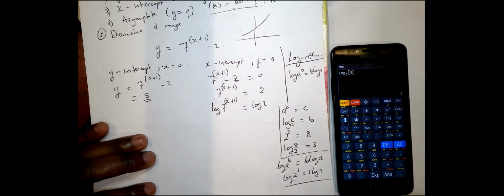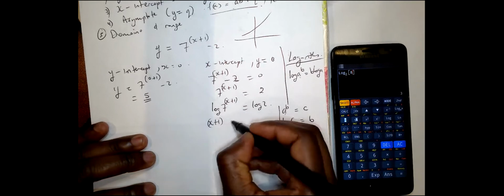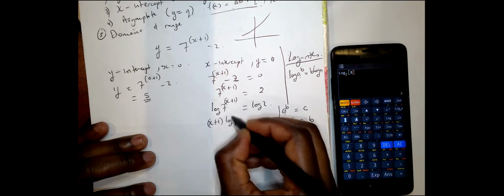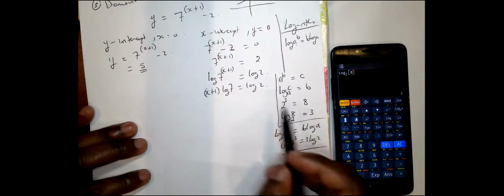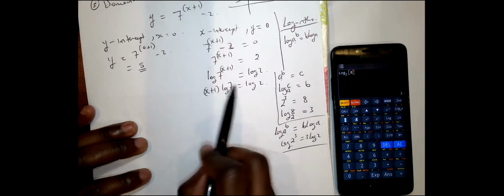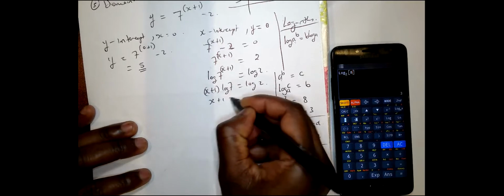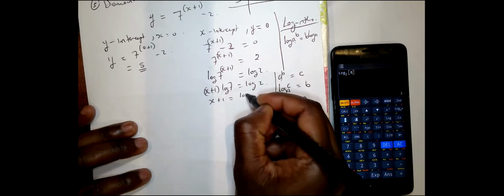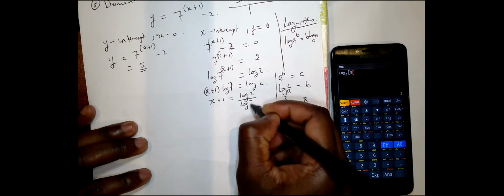So it's going to be (x plus 1) log 7 is equal to log 2. Then you divide both sides by log 7, so x plus 1 is equal to log 2 divided by log 7.